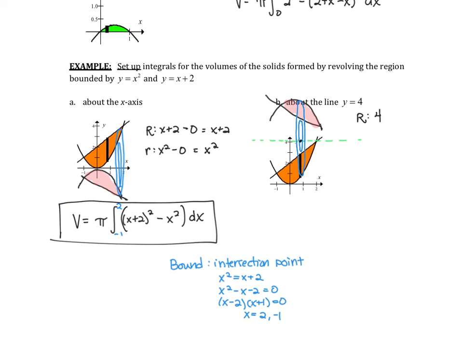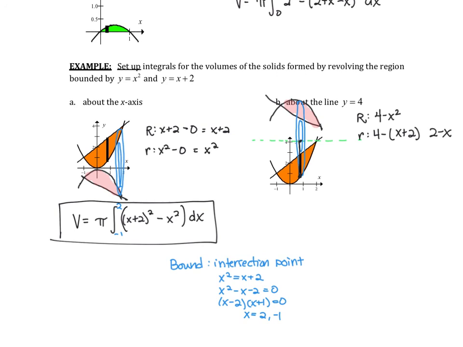So it'd be 4. And 4 minus x squared would be the radius going from the line of rotation to the outside function. And then little r would be 4 minus, that other function was x plus 2. So little r would be 4 minus x minus 2, so 2 minus x.